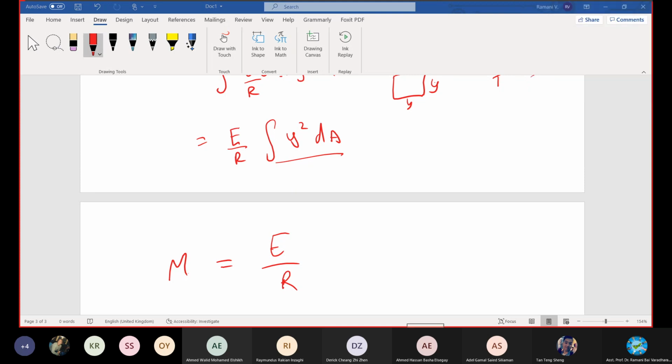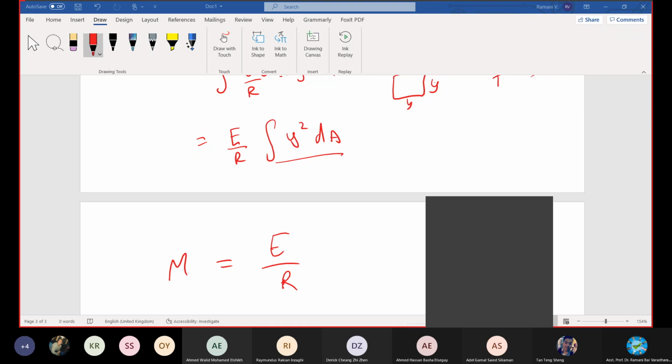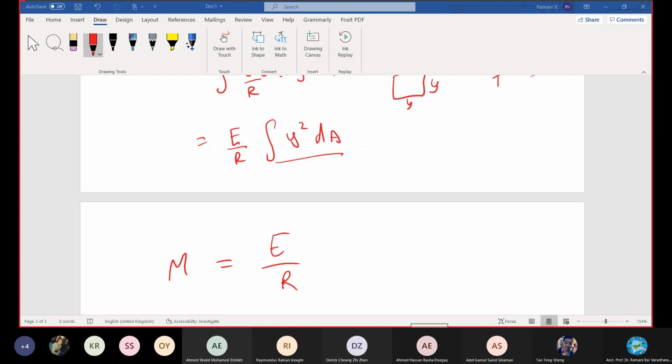Very laggy. The y square dA, you are squaring, right? Squaring the area. So this is called the second moment of area, or moment of inertia in simple words.